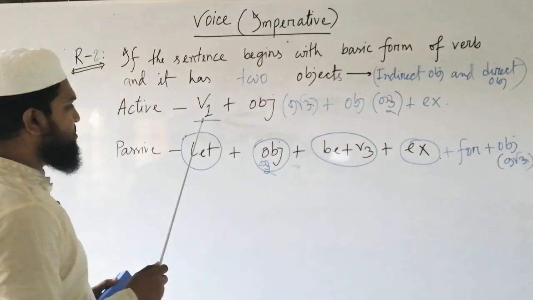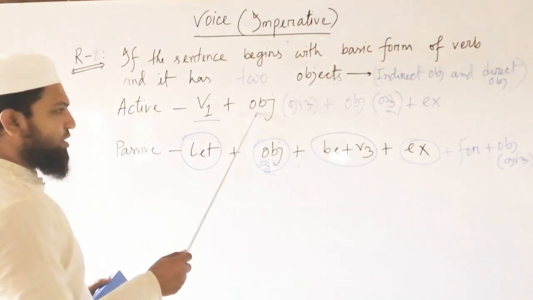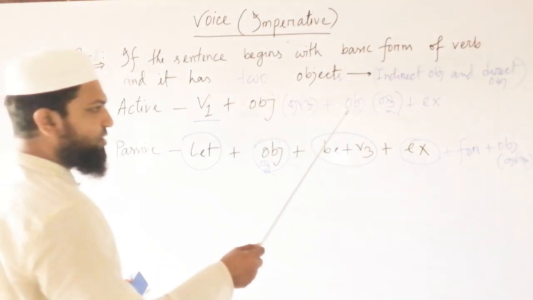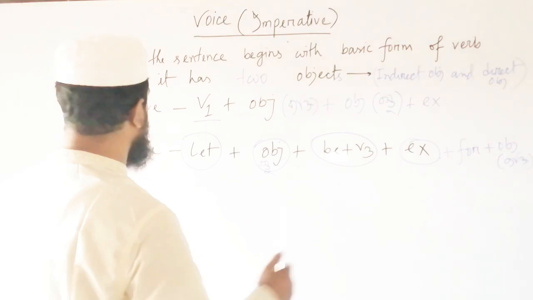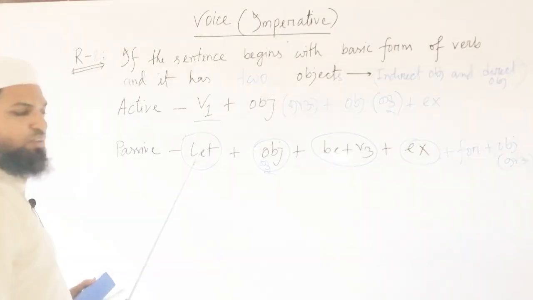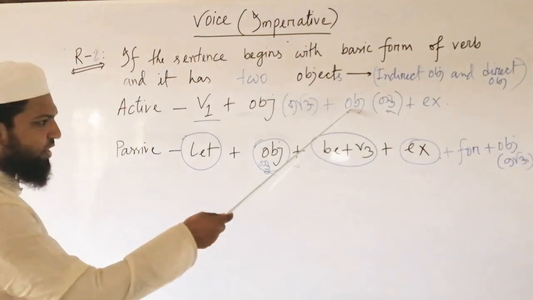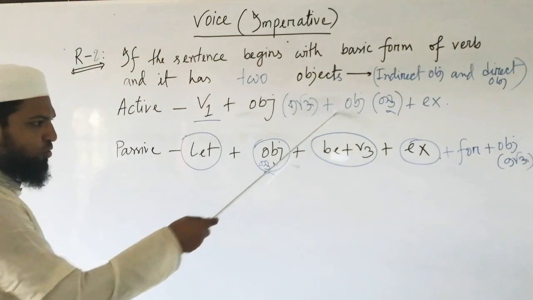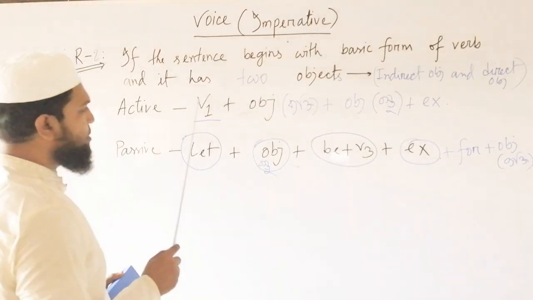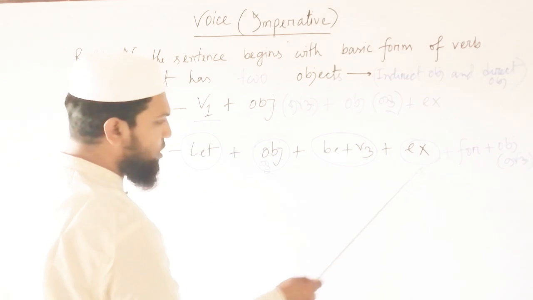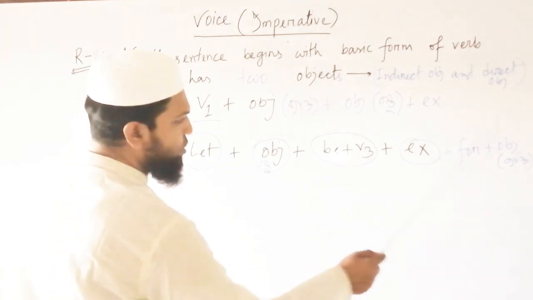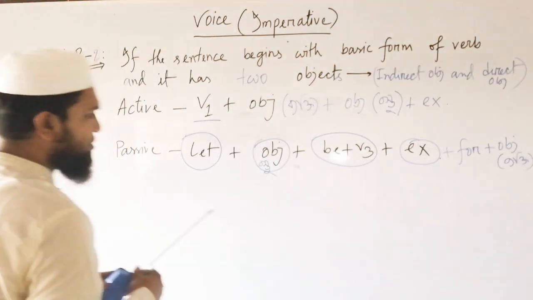Okay, verb 1, indirect object, and then direct object, and then extension. In passive, at first let, and then direct object will be here, and then verb 1 will be verb 3, extension, for plus indirect object.